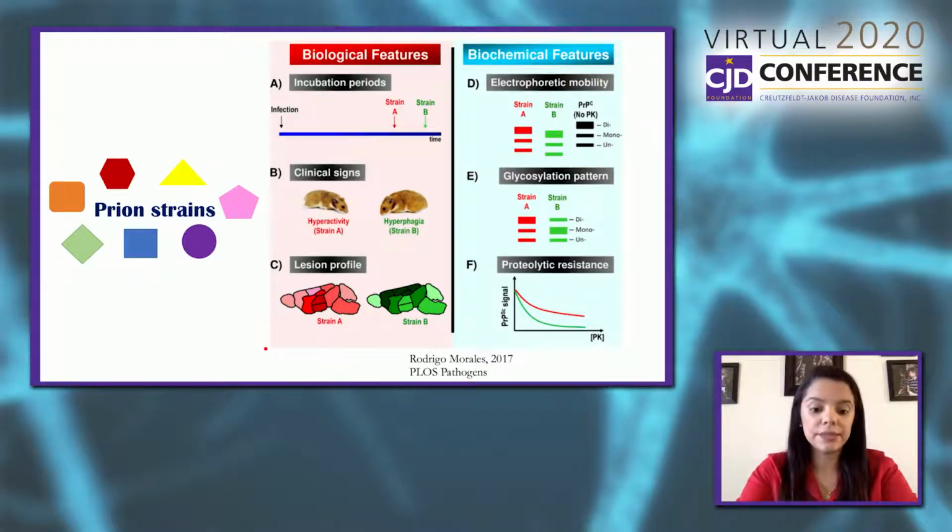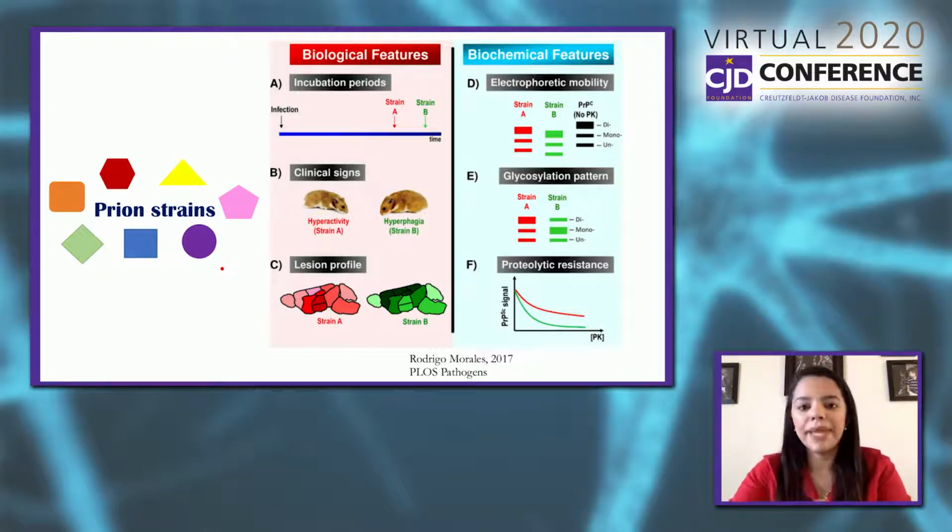And biologically speaking, it means that these different strains will tend to accumulate in different brain areas, and this will lead to different clinical signs. So this is why it's so difficult to find a drug that works for different prion strains.